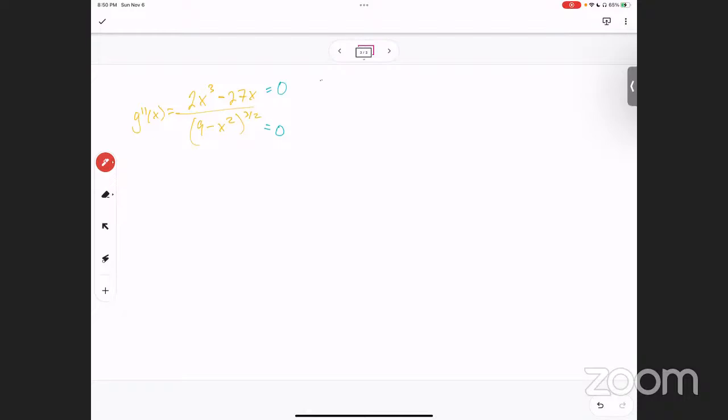Setting this top equation, 2x cubed minus 27x equals 0. That means, let's factor an x out, x times 2x squared minus 27 equals 0, which means either x equals 0 or 2x squared minus 27 equals 0, which would mean that 2x squared equals 27, which means x equals the square root of 27/2.